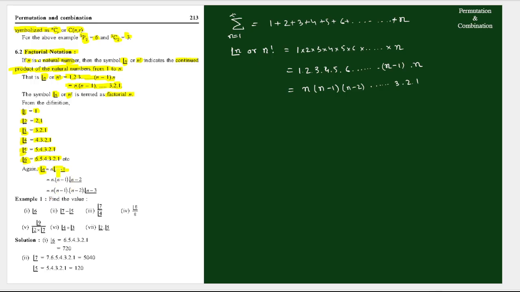And again, factorial n minus 1 means n minus 1 into factorial n minus 2. It goes on like this up to factorial 1. And factorial 1 means 1. Only then does this work. ठीक है? You understood?